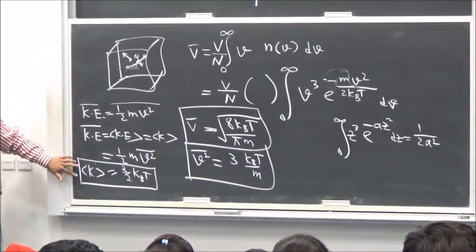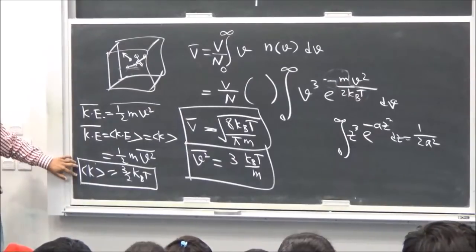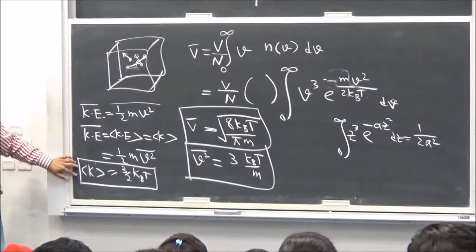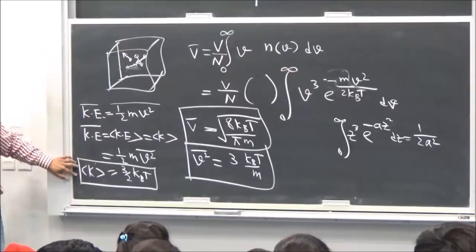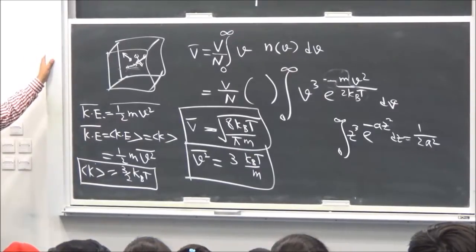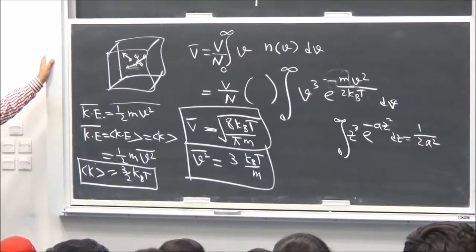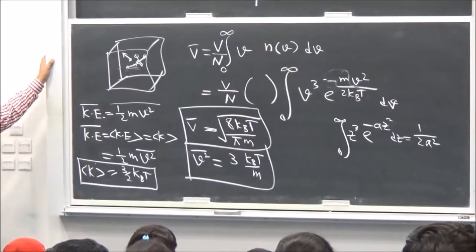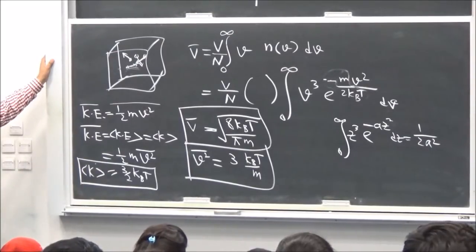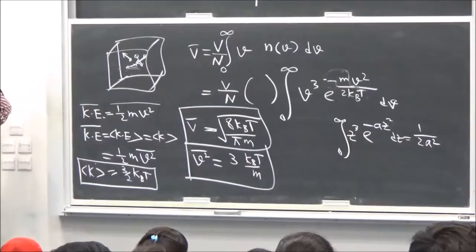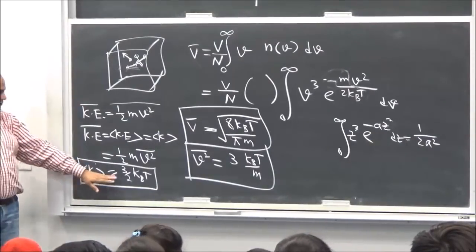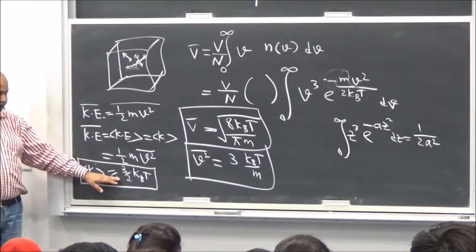So actually this was first proven by Maxwell, and this was a great success of Maxwell-Boltzmann distribution to explain a classical result which was also known from another theorem which is called the Equipartition Theorem.